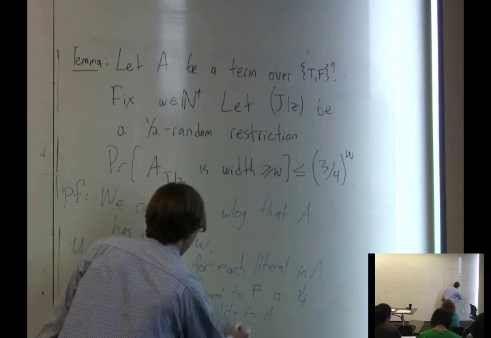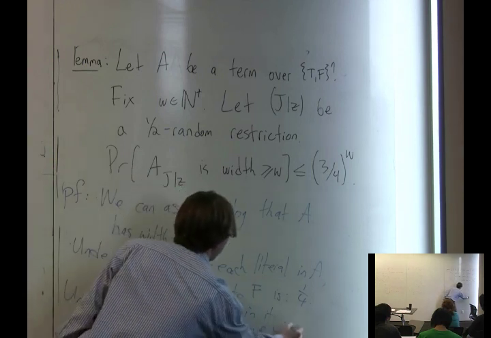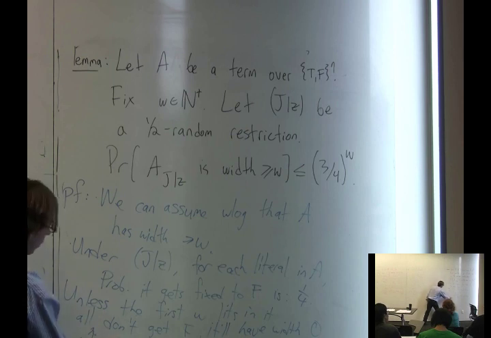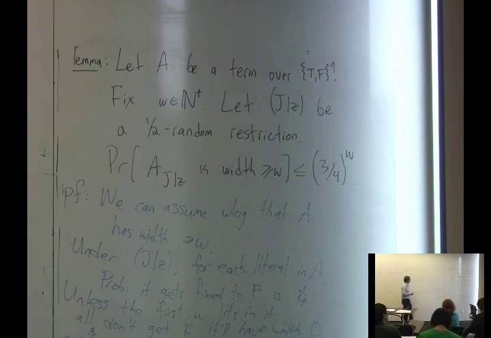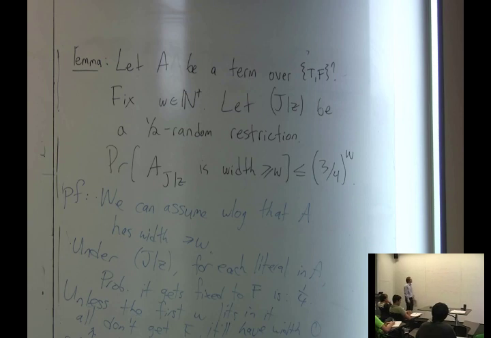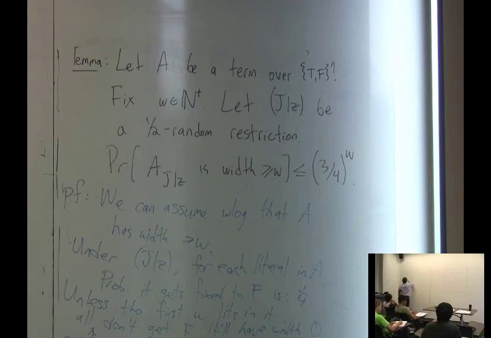Yeah, it'll have width 0. Okay, here's where we use the fact that it has at least W literals in it. And the probability of this is 3/4 to the W. Okay? All right, great. So that's a nice fact about terms.